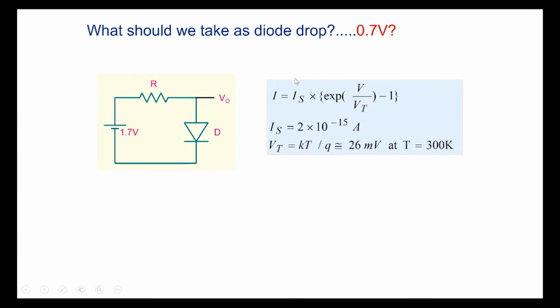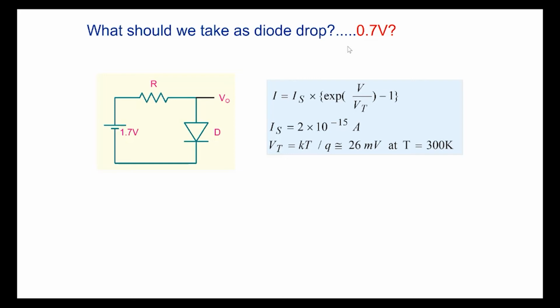So let's look at this. Note that 0.7 is just a value, and it may be accurate, it may be reasonable in some cases, and it may be unreasonable in some other cases.